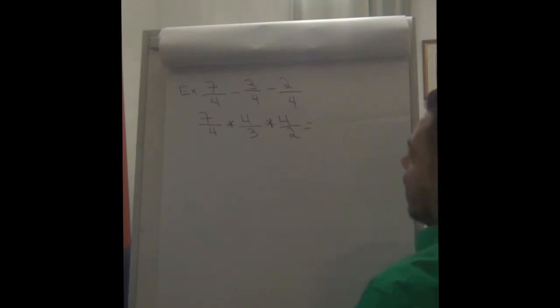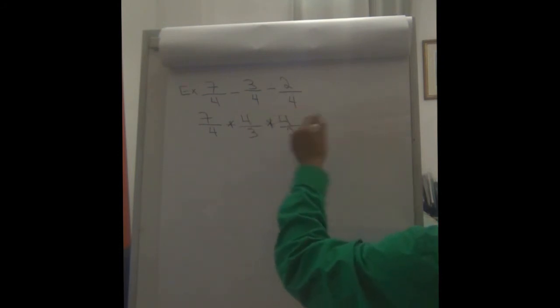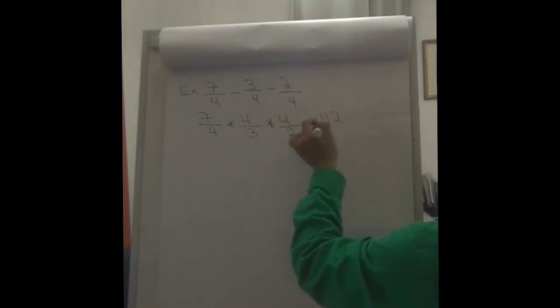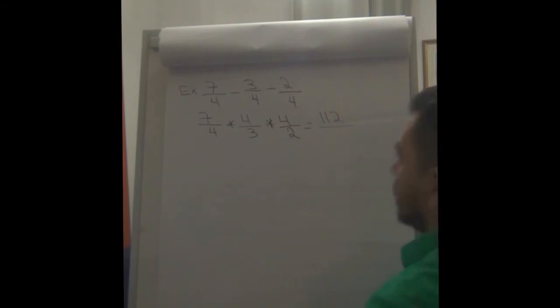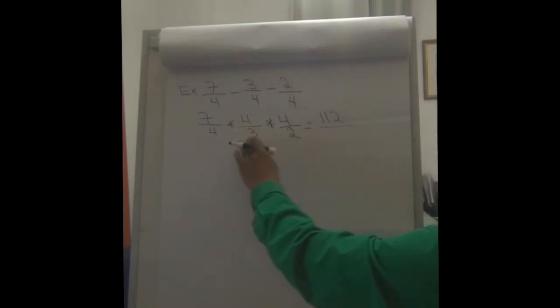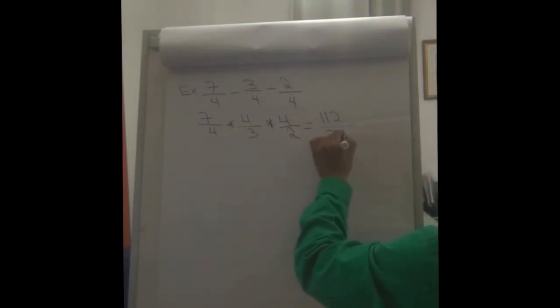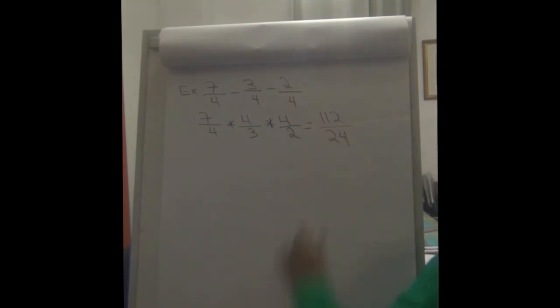Not bad, right? Not too shabby. Alright, 7 times 4 is 28, right? Now 28 times 4 is some number. 112. Let's go with the bottom. 4 times 3 is 12, times 2 is 24. Okay? Can this be simplified? You bet it can. Can I divide this by 2? Yes.